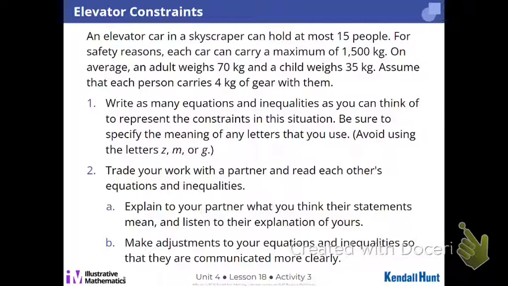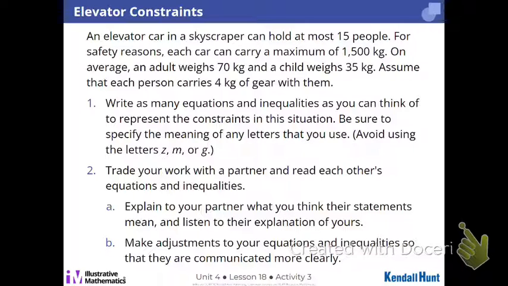Maybe it's their bike. Maybe it's groceries. Maybe it's one single JoJo Siwa hair bow. Either way, it's 4 kilos, okay? What you need to do as a table is make up as many equations and inequality constraints as you can think of in 5 minutes. Let's make it happen. The sky is the limit.